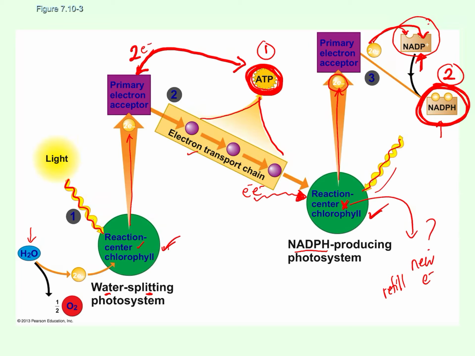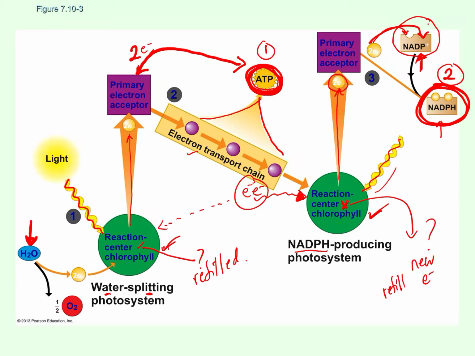So how convenient, right? So remember, these 2 electrons actually came from this chlorophyll A. Well, that leaves this chlorophyll A. Where is this chlorophyll A going to get refilled? There's no more electrons coming down an electron transport chain here, and that is why we need water. So water is split in a separate side reaction.